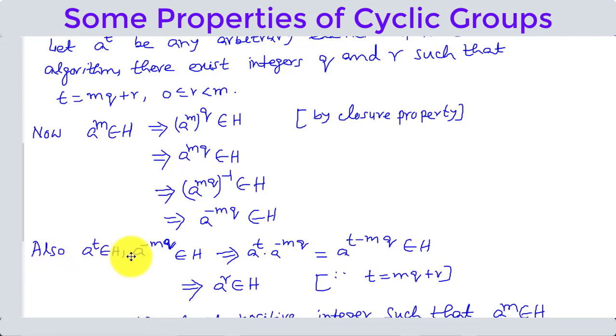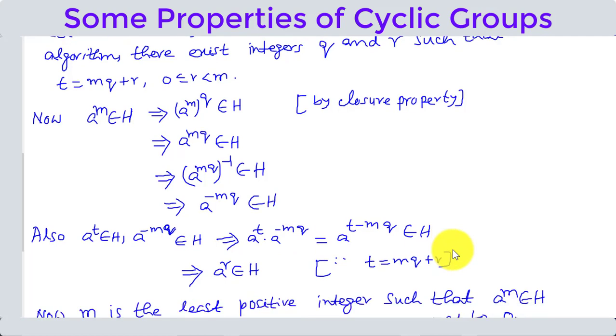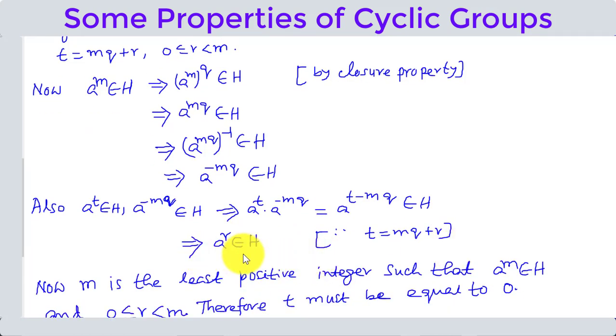Also, a to the power t belongs to H and a to the power minus mq belongs to H, implies that a to the power t times a to the power minus mq, which is a to the power t minus mq, belongs to H, implies that a to the power r belongs to H, as t is equal to mq plus r, so t minus mq is equal to r.